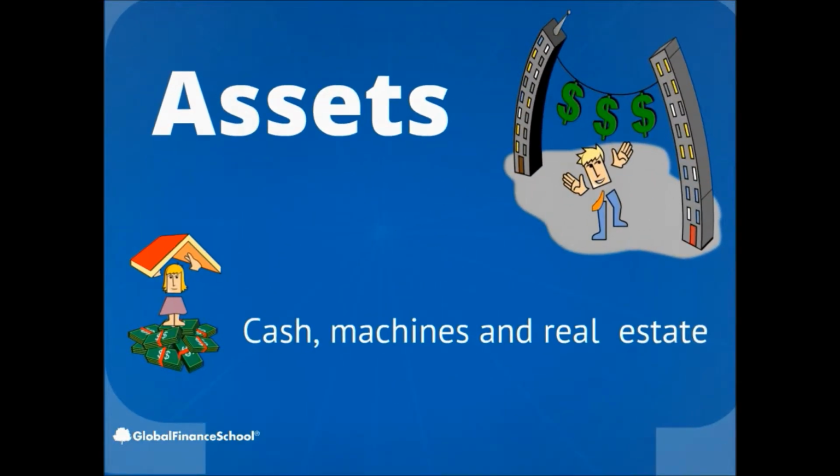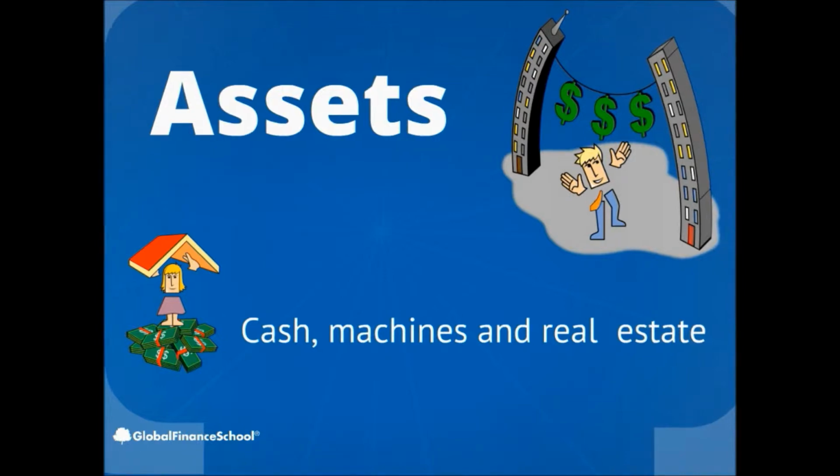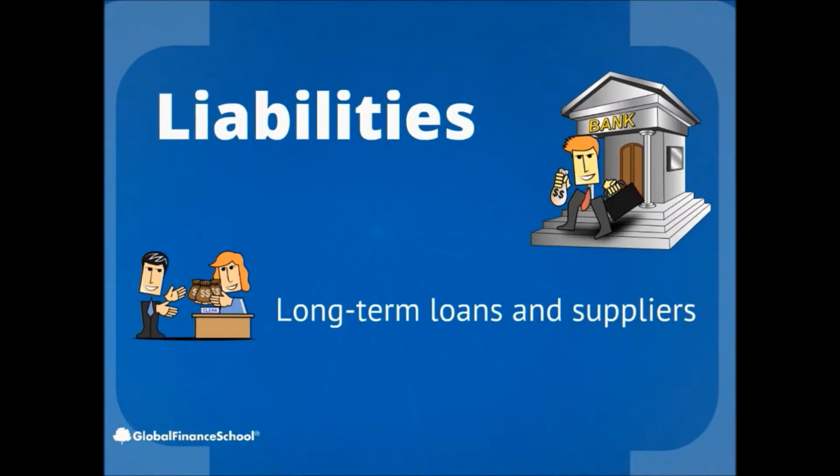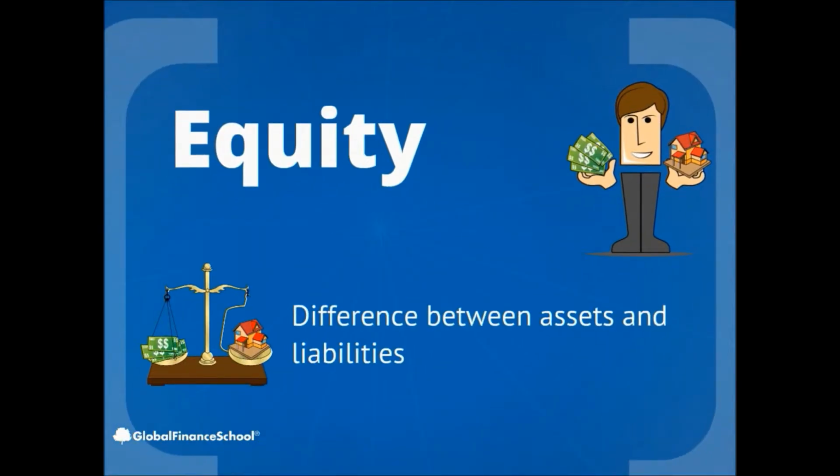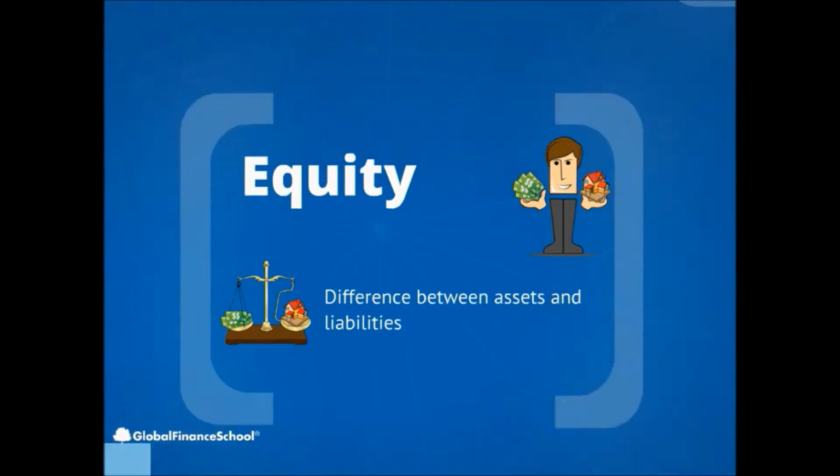Examples include cash, machines, and real estate. 2. Liabilities. A company's long-term loans and suppliers are examples of liabilities. 3. Equity. The equity is the difference between assets and liabilities. It also reflects the company's debt to its owners.